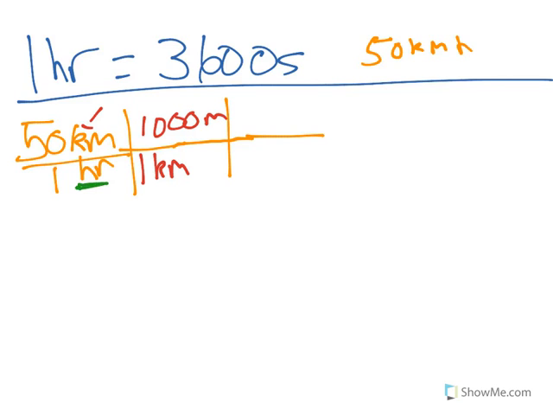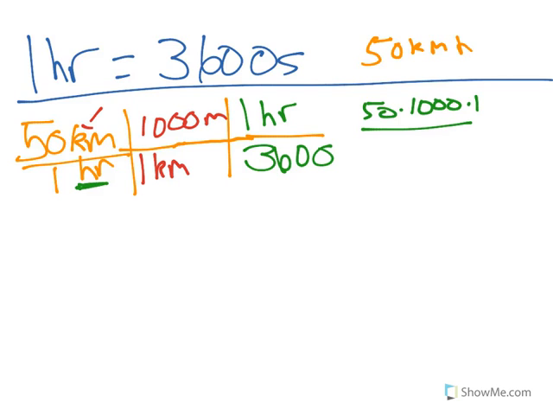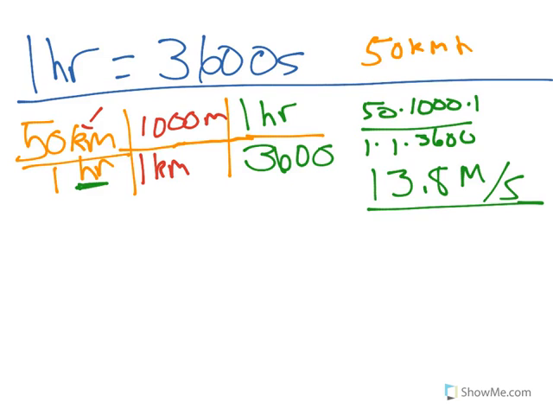Since hours is on the bottom, it has to go up top, and 1 hour is 3,600 seconds. Then we multiply across the top, so 50 times 1,000 times 1, divided by 1 times 1 times 3,600, and we would get 13.8 meters per second. That's how you convert to meters per second if it's in kilometers per hour. Again, everything needs to be in meters and seconds, so if it's in kilometers per hour, you do have to convert.